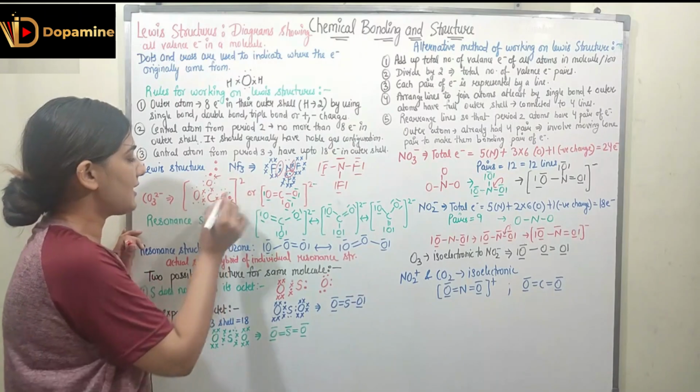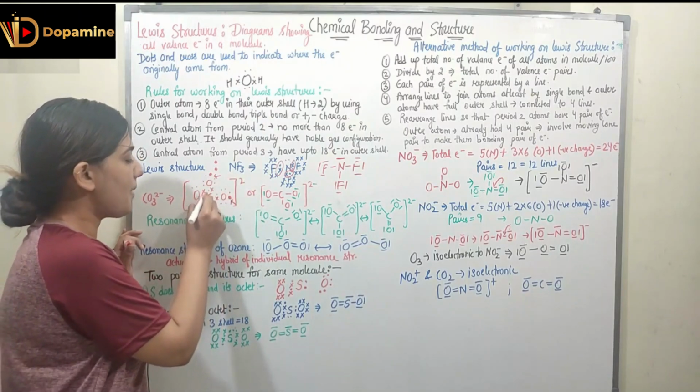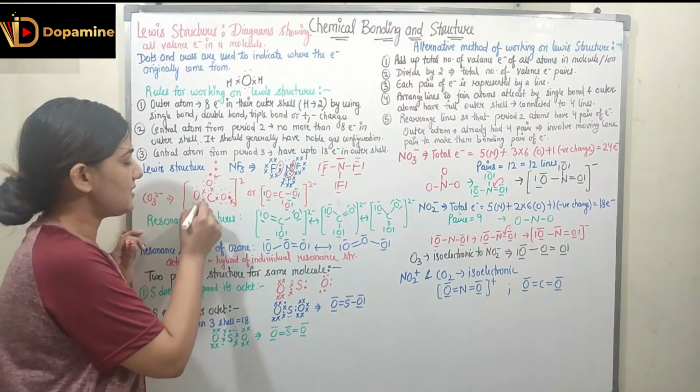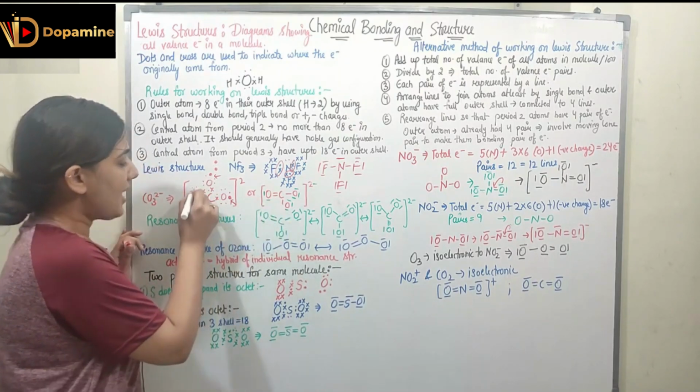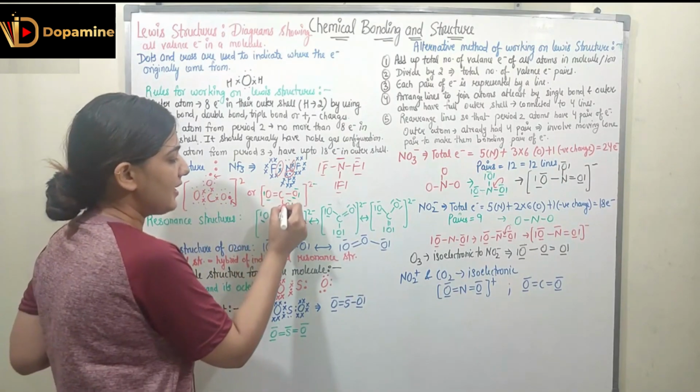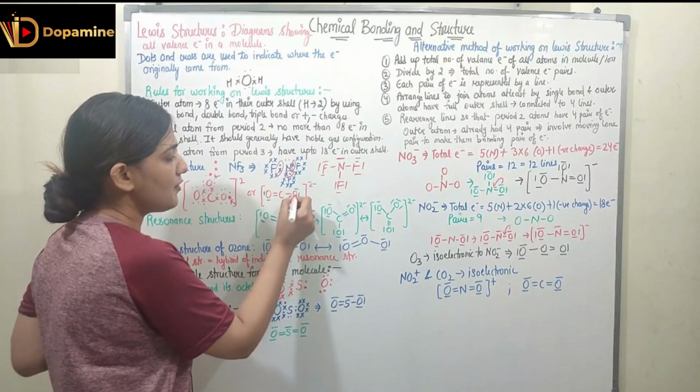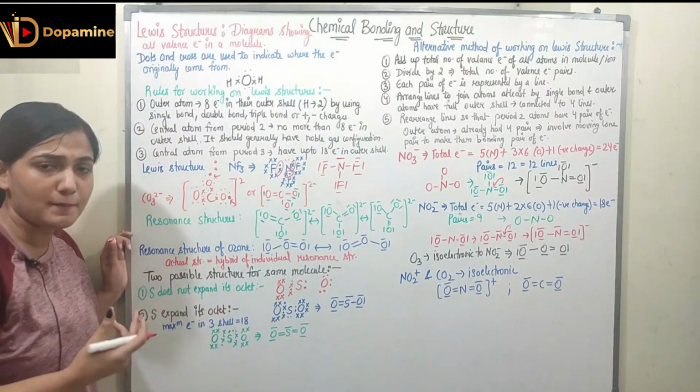This is also an O negative, and this O is bonded to the C with a double bond. So here you can see we have a double bond and 2 lone pairs. Here we have a single bond and 3 lone pairs. Here we have a single bond and 3 lone pairs.